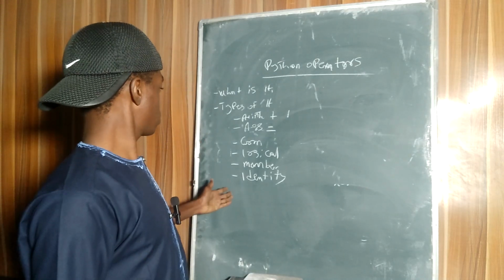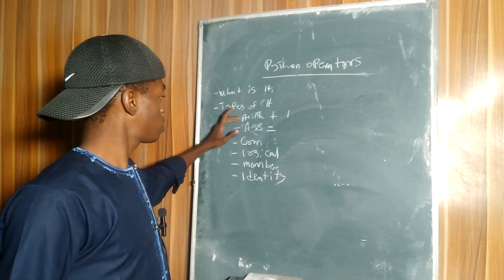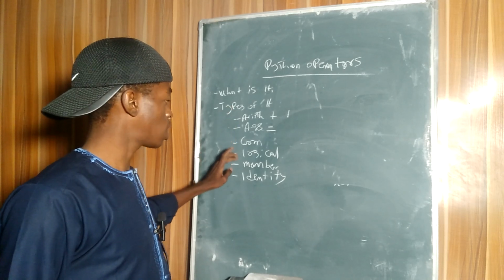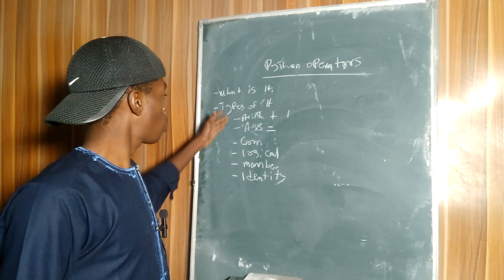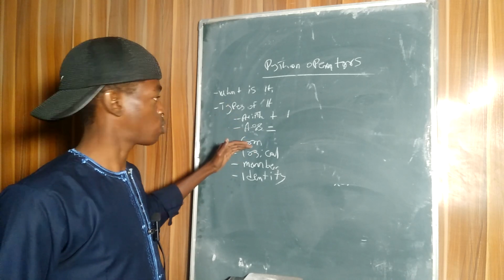I think this is all I can remember: arithmetic, assignment, comparison, logical, membership, and identity. All of those operators are different and they work differently in Python programming.